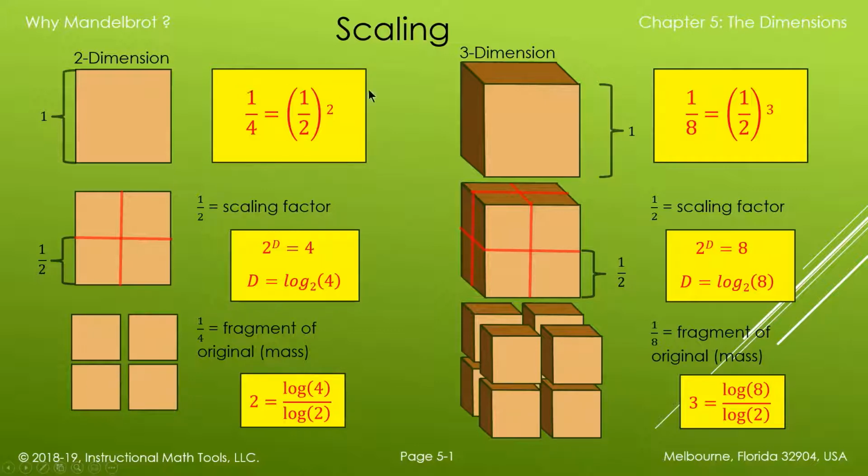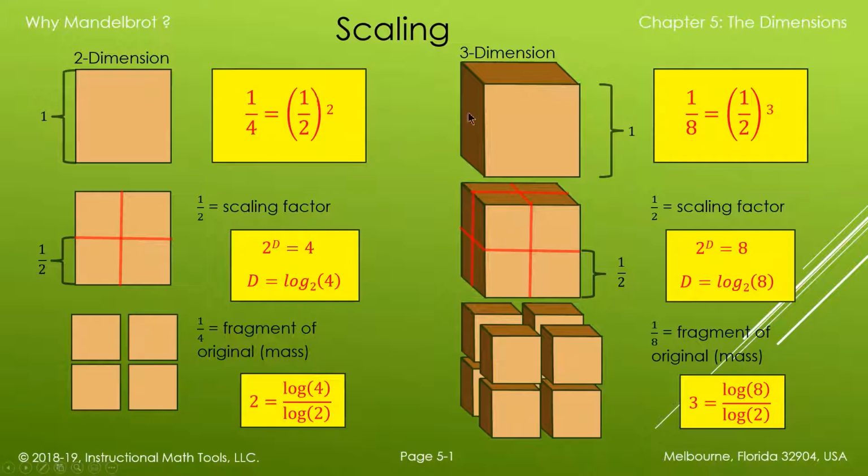And the formula that works throughout all of these, what they call self-similar graphics, is that you take the scaling, which is 1/2, and you raise it to the dimension of the thing you're dealing with, which in this case is 2, and you get how many fragments you get when you're all done.